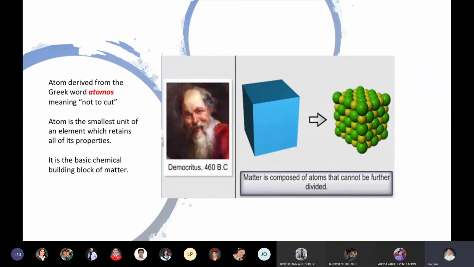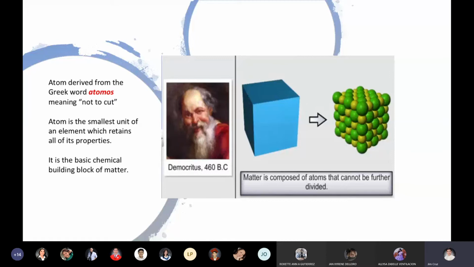According to Democritus, if you divide something into infinite times, you will come up with a particle that you will not be able to cut. Hence the term atomos, because literally the definition for atomos in Greek is unable to cut, or uncuttable.